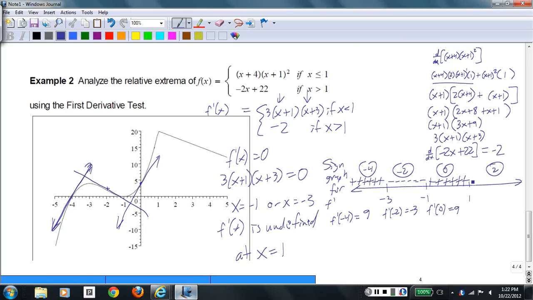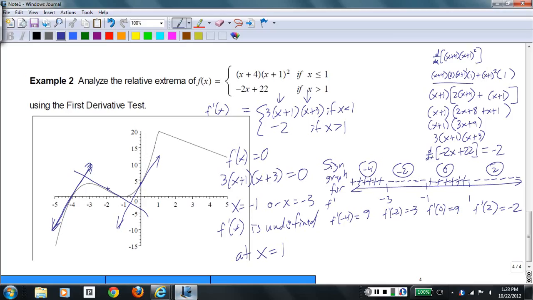So it's positive. And finally, f prime of 2. Now, if x is greater than 1, we're going to use this other expression, the -2. So f prime of 2 equals -2, and it is negative right there.